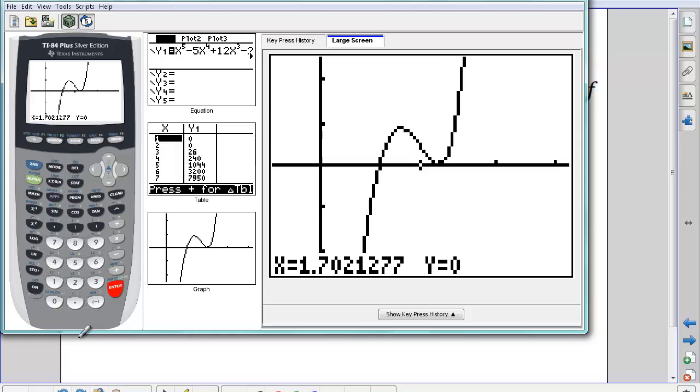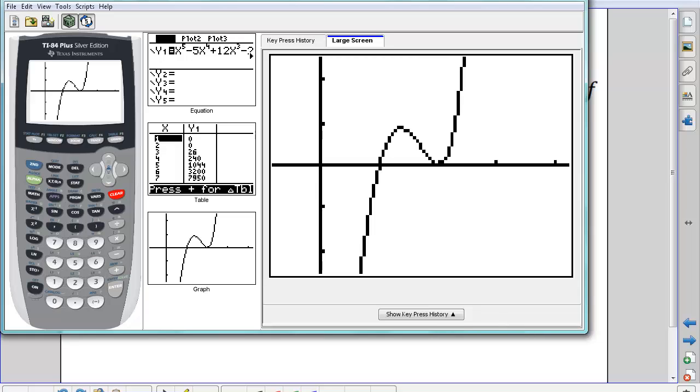Now, you got to remember some other things going back to section 5.1 that may be helpful here. What do we know about an x-intercept that crosses the x-axis and an x-intercept that touches the x-axis? We talked about the multiplicity, right?